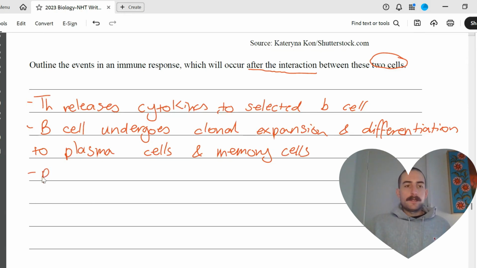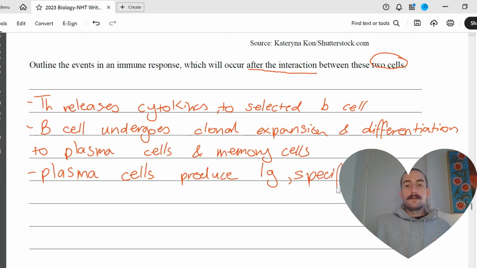What happens next is what occurs after the interaction: plasma cells produce antibodies. And whenever we're talking about antibodies, it's usually nice to mention that they're going to be specific to the antigen presented on the APC, the dendritic cell in this case.